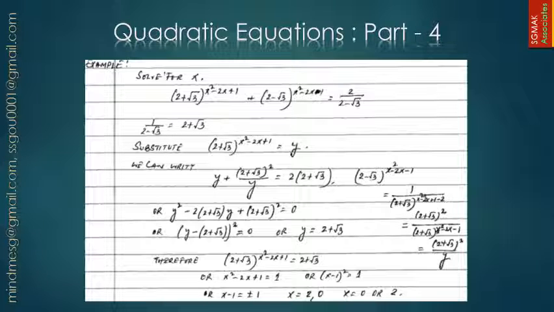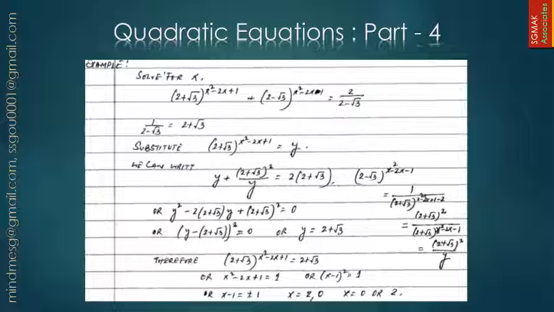So we make some simplification here as shown. 1 over 2 minus square root of 3 equals 2 plus square root of 3, because 2 squared minus square root of 3 squared is 1. So that's how you get it. So you make the substitution and that gives us a quadratic equation in y, and it's shown here, the parts, you can follow through that.